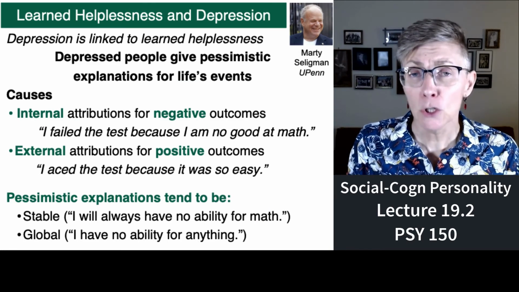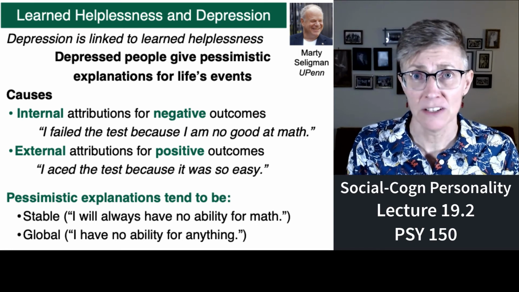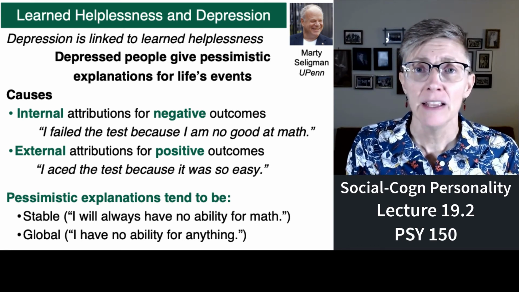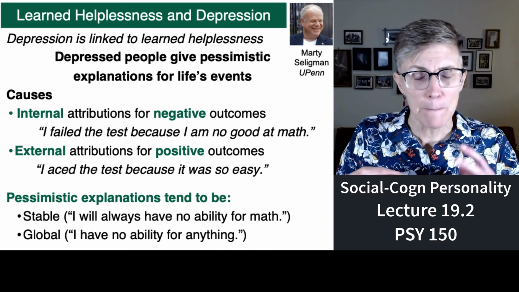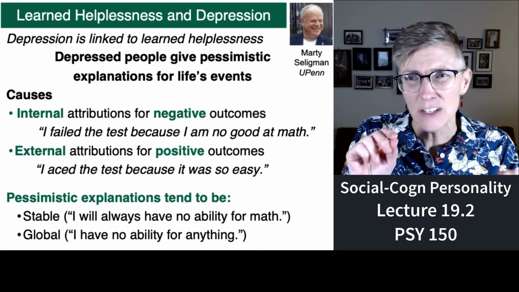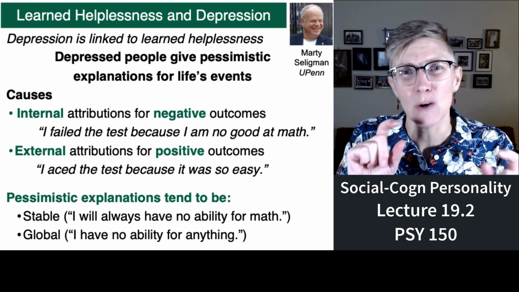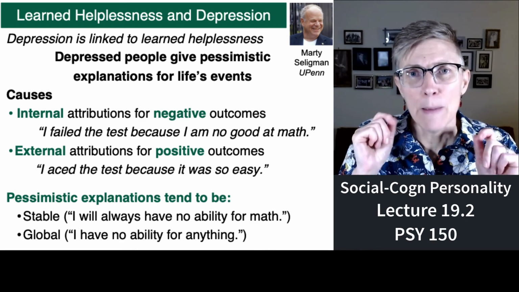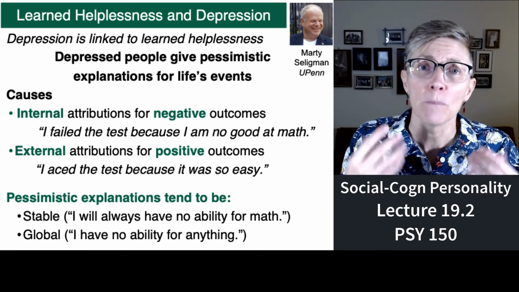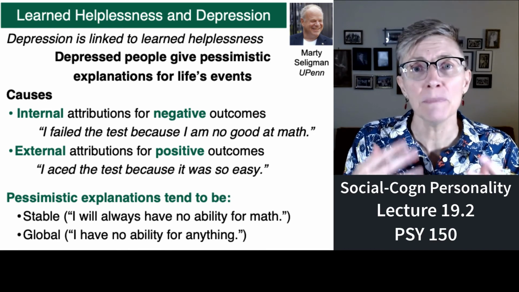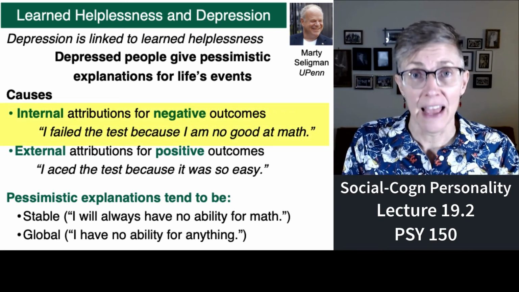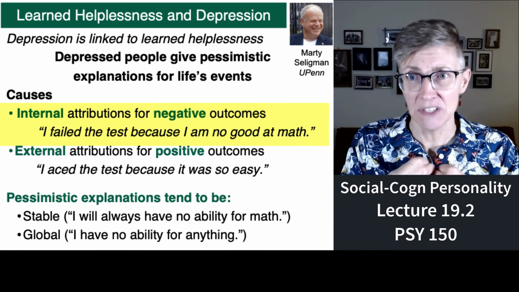Finally, learned helplessness is strongly associated with depression. Depressed people give very pessimistic interpretations to what happens to them, and the interpretations or explanations are biased in a way that maintains their sense of learned helplessness. So it turns out depressed people, when something bad happens to them, they attribute that bad event to themselves.